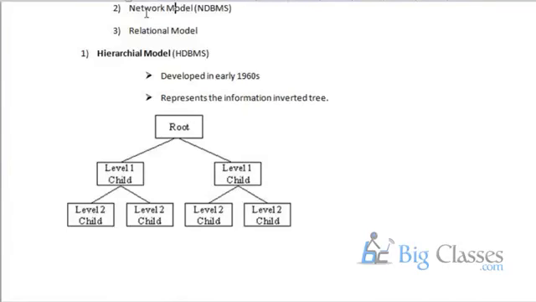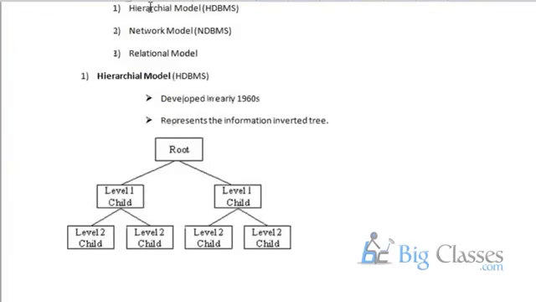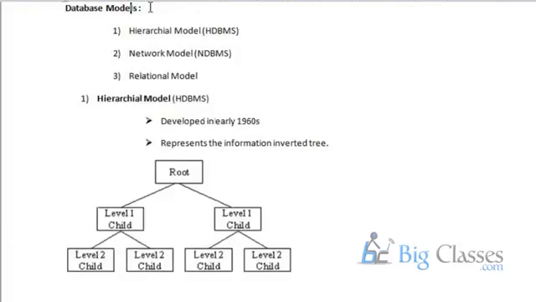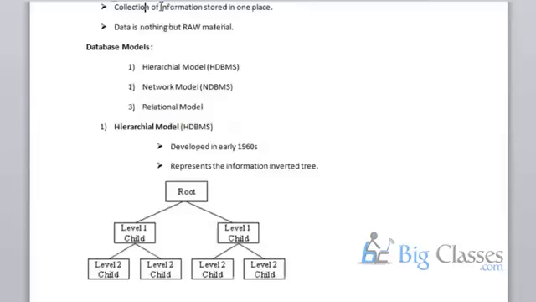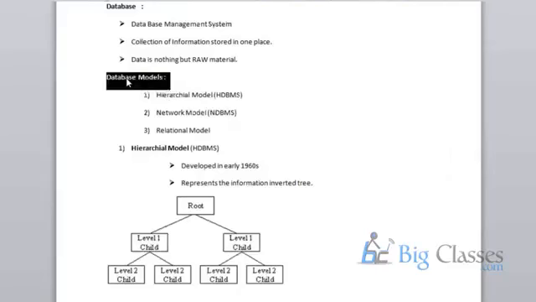And you can see here, network model. So database model here, just a minute. Yes, data is nothing but raw material. Now let us look into database models. There are various models of databases.